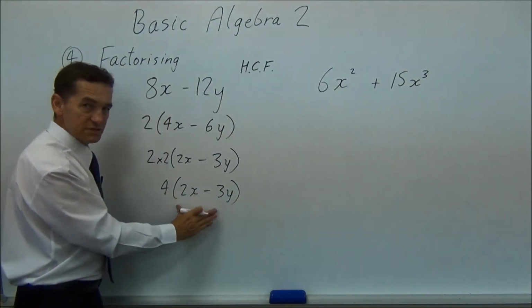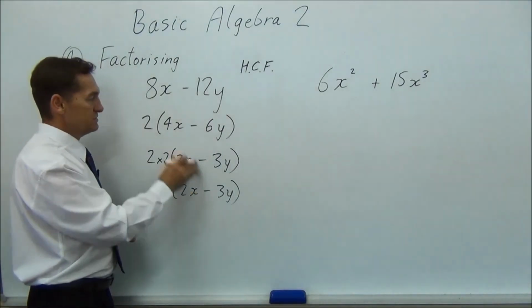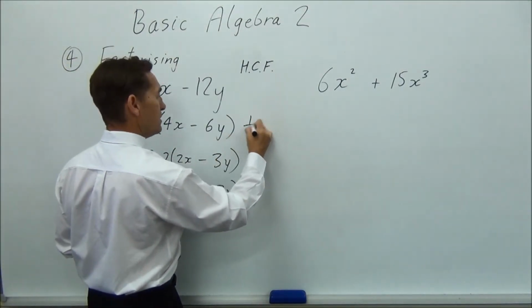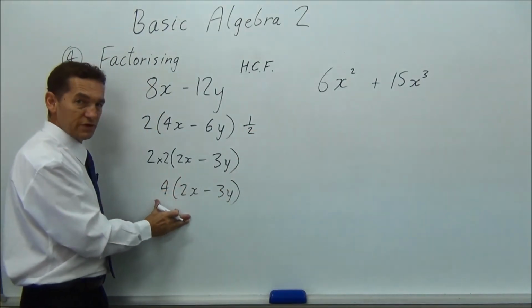Now that's what I did to start with in the first question, and that's where you need to be. So you may do this, and I'll go, oh, that's great, well done. But we're only going to give you half marks because you haven't fully factorised it.